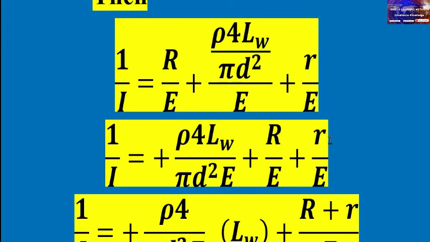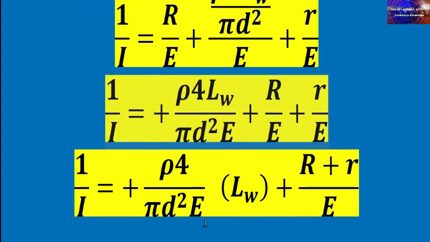So you see how it is derived. 1 over I is equal to resistivity times 4 times LW over pi d square E. It means when you divide with this one, it will be times 1 over E. So EMF will be down of this value plus R over E plus r, the internal resistance, over EMF.